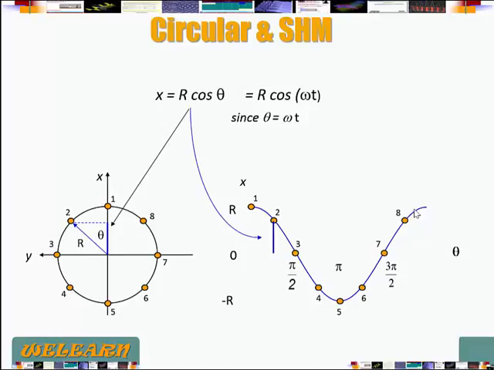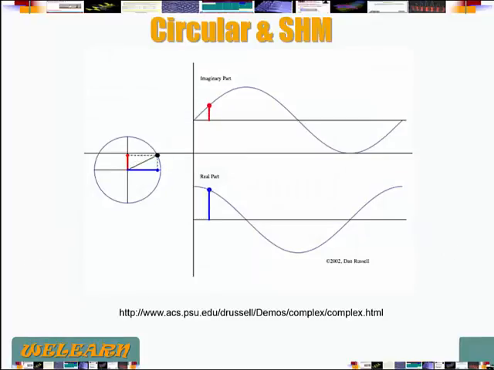Now let's see this in action. Okay, you see it here. Now the x component in this case is in blue, and the y component is in red.